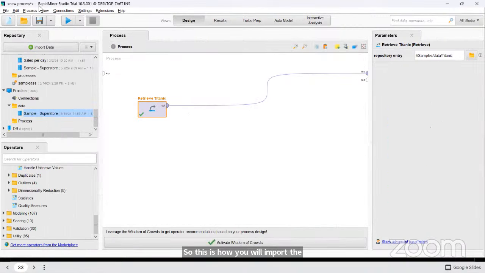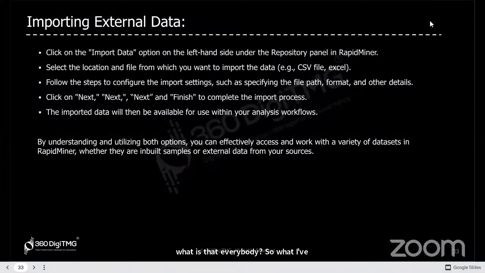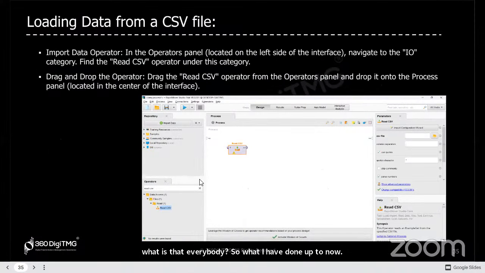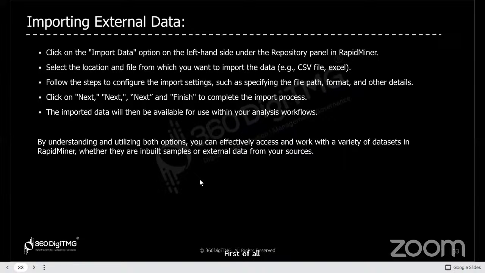So what I've done up to now: in order to import the data, you have to click on the import data option under the repository panel, select the location, select the file that you want to import, and follow the steps. If you want to do formatting, you can do it.